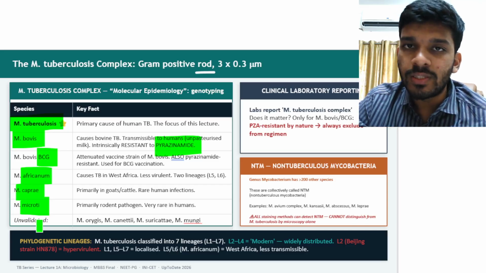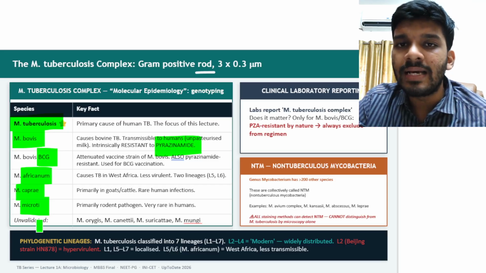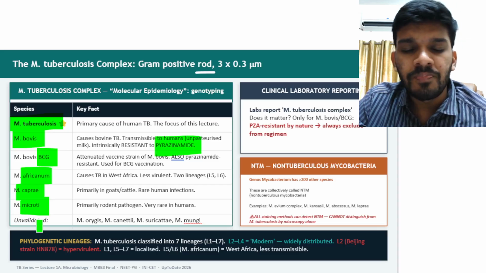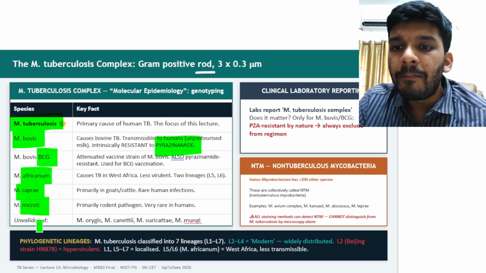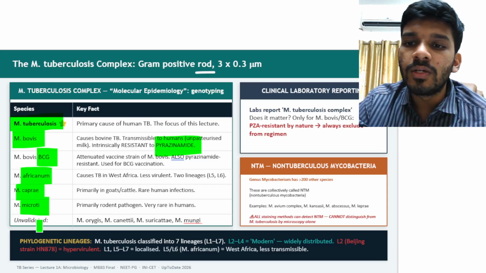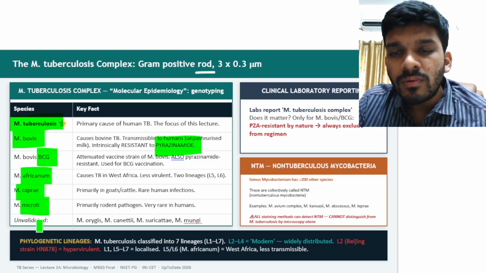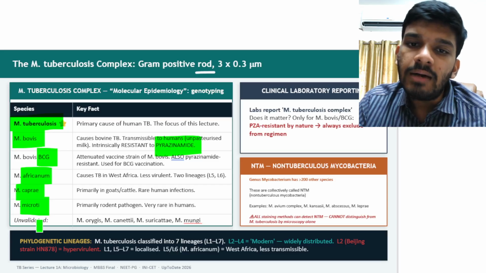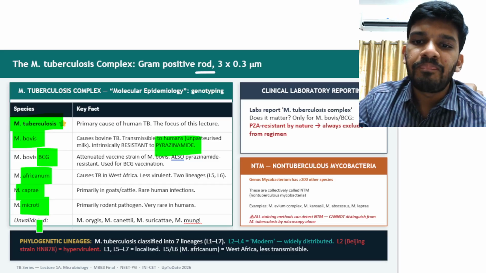Africanum is mainly causing TB in the West African countries, and it is less virulent as compared to the main tuberculosis, right? All of these others are very, very rare human infections. Apart from this, you have non-tuberculous mycobacteria that we will talk about later. Okay, so non-tuberculous mycobacteria are apart from all of this that is included in the M tuberculosis complex.